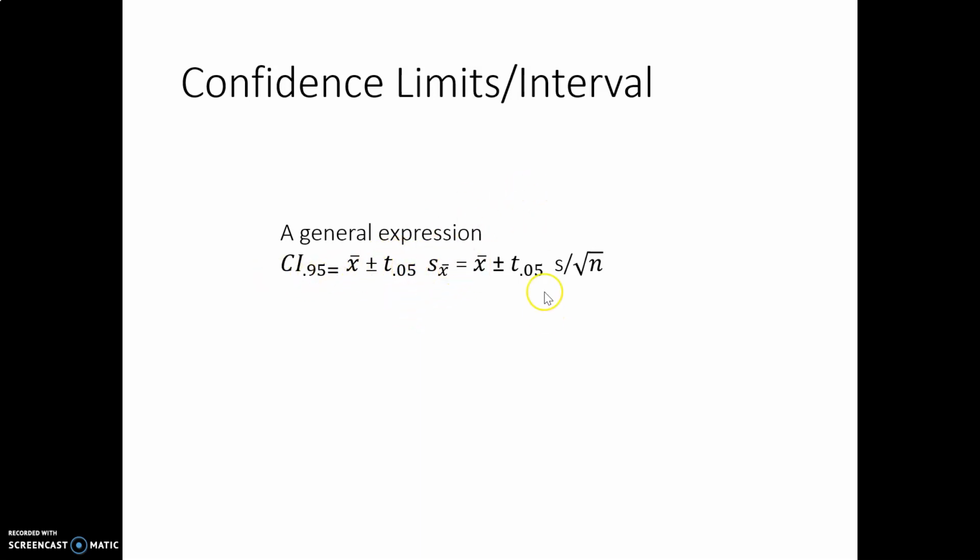The positive represents the cutoff t-value on the right side of this distribution, and the negative t-value represents the lower critical t-value on the left tail of this distribution, and then multiply by the standard error, which is the standard deviation of our sampling distribution. So this is the equation for how to calculate these confidence limits.